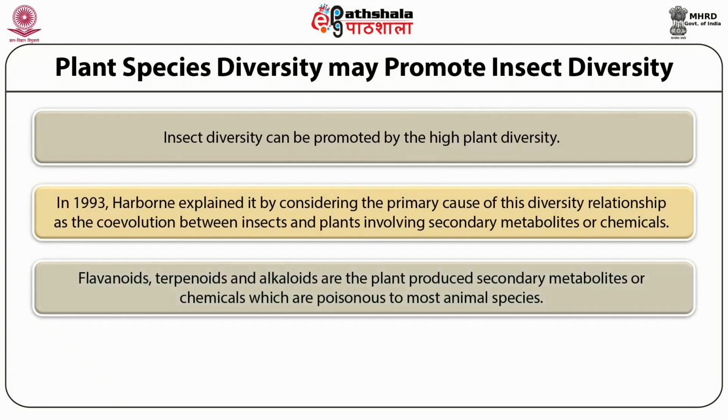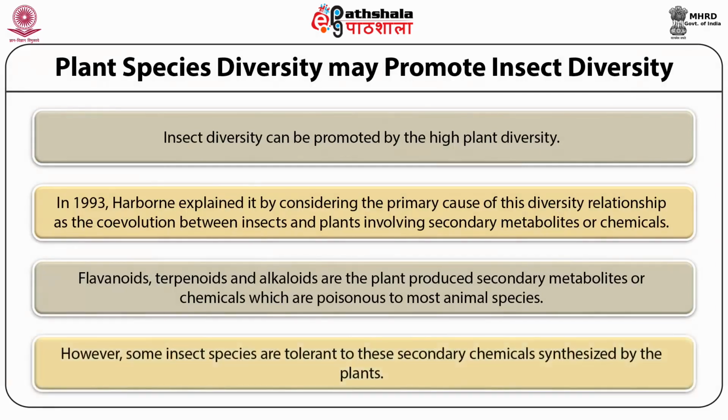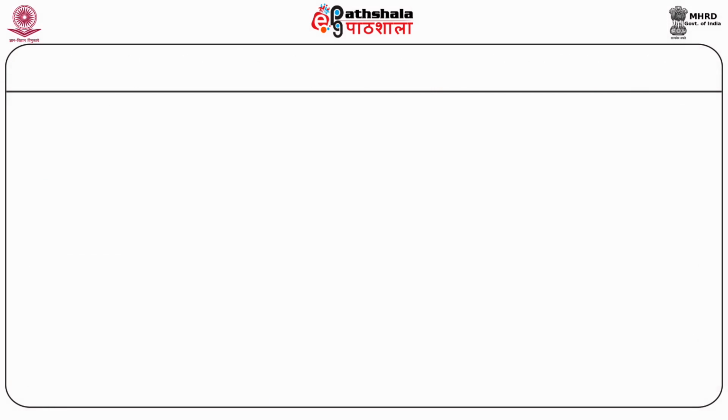Flavonoids, terpenoids, and alkaloids are plant-produced secondary metabolites or chemicals which are poisonous to most animal species. However, some insect species are tolerant to these secondary chemicals synthesized by the plants.